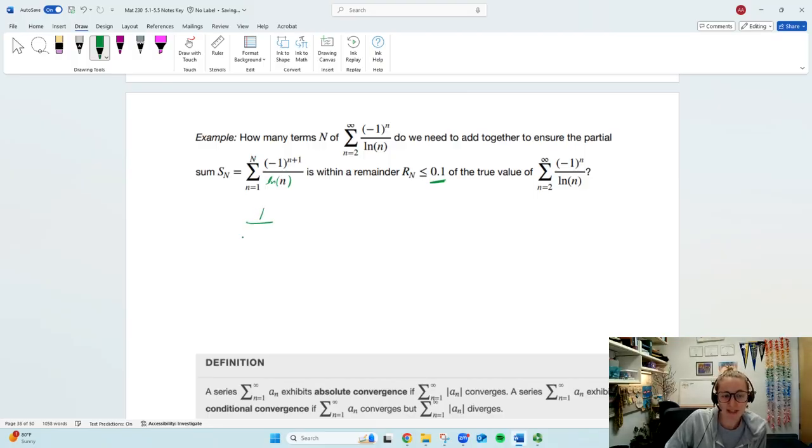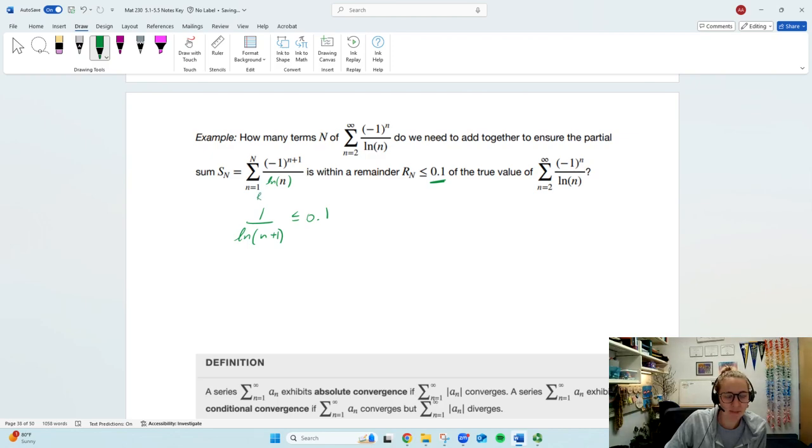I'm just paying attention to my 1 over ln of n part. And what I want to say is, I know that there's some n such that when I go 1 past that n value, I'm going to be within the 0.01 that I have here.